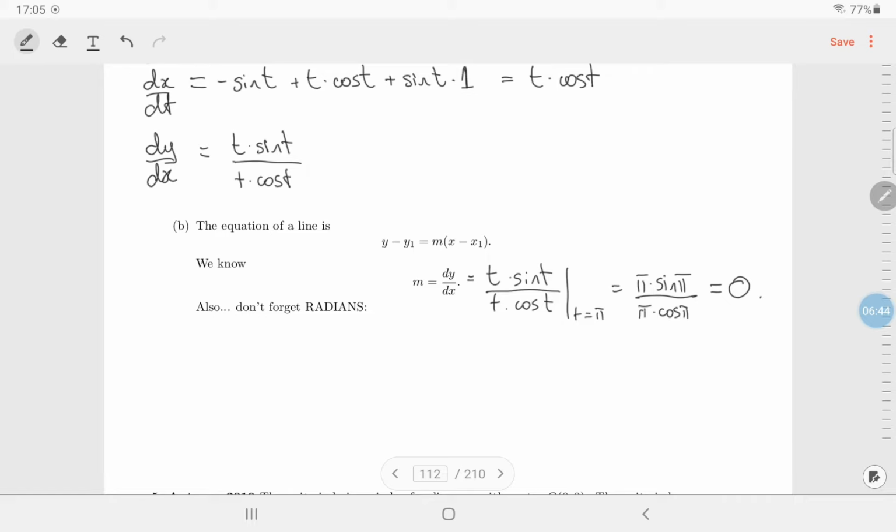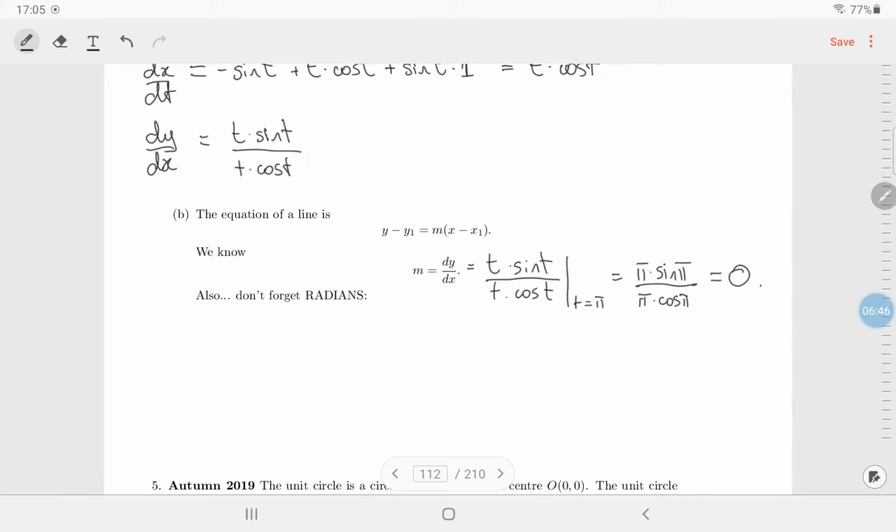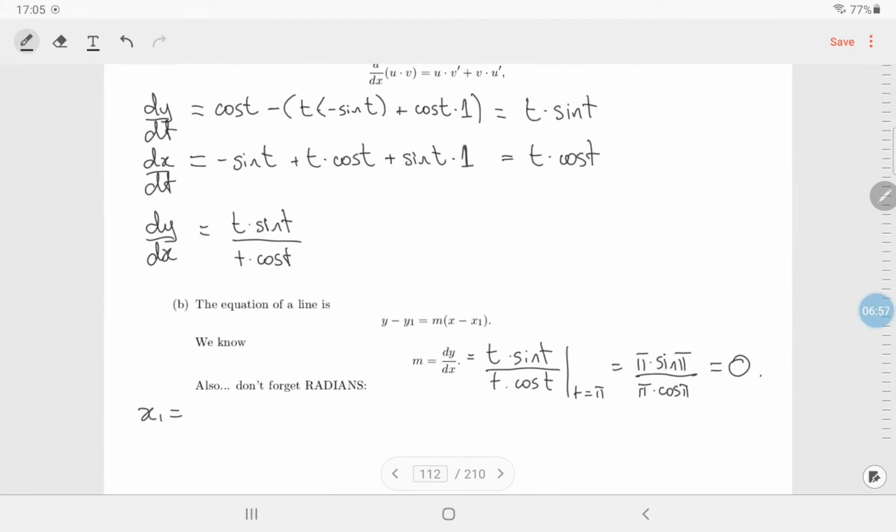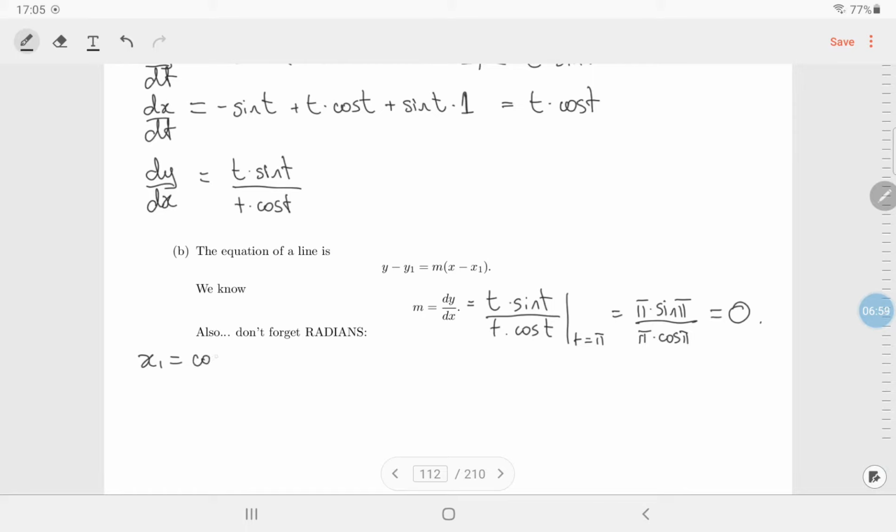And now we just need the x1 and the y1 to put in. Now the x1, because the slope is 0, actually doesn't matter, but we won't worry about that. So x1 is equal to the x coordinate, which is cos t plus t sine t, but evaluated at pi. So it's cos of pi plus pi sine pi. So I said we're not actually going to use this, but anyway, this is equal to minus 1.